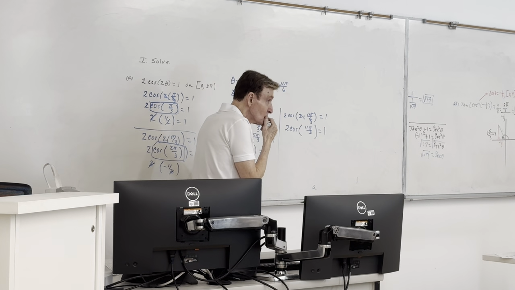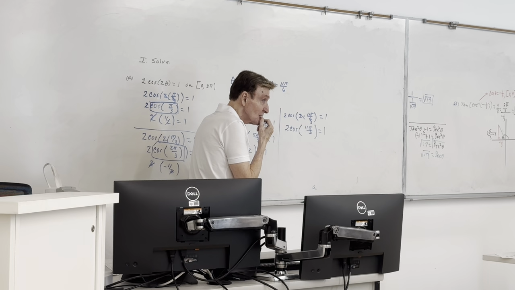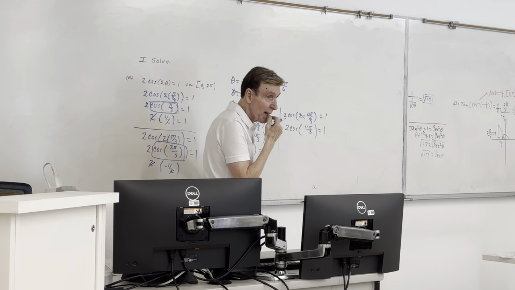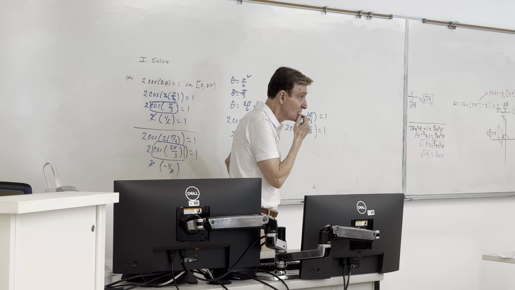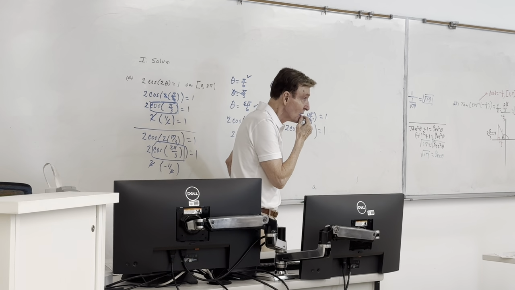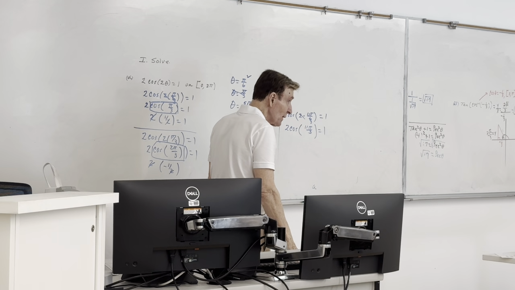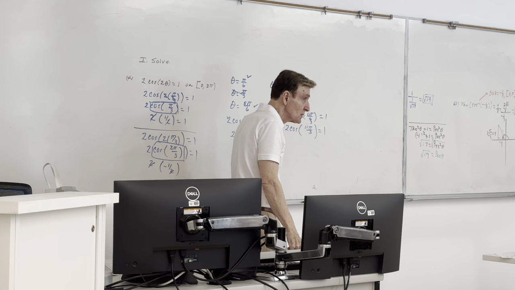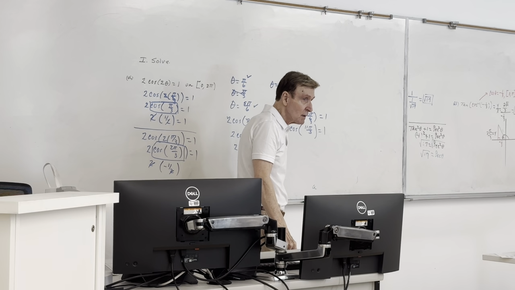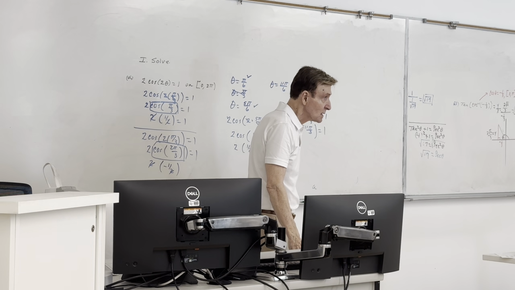Get through, guys? Now, 11 pi over 3 is a mess. Is 11 pi over 3 on the unit circle? What's on there? You're scaring me. It's not on the unit circle, is it?